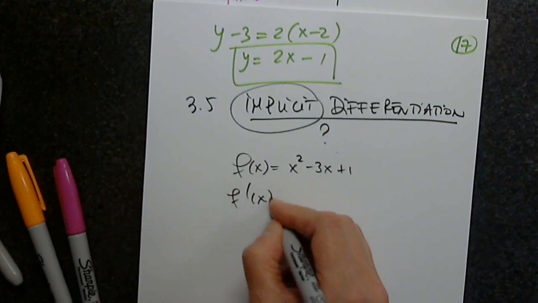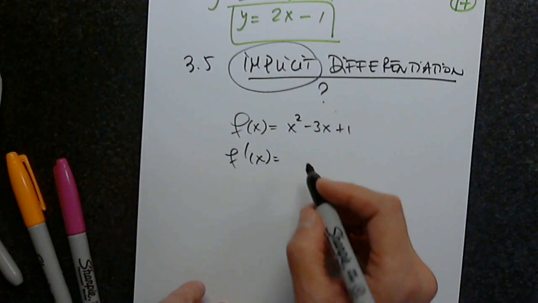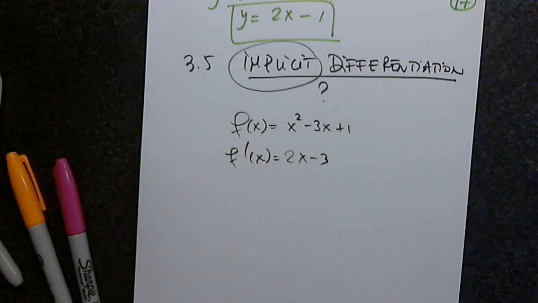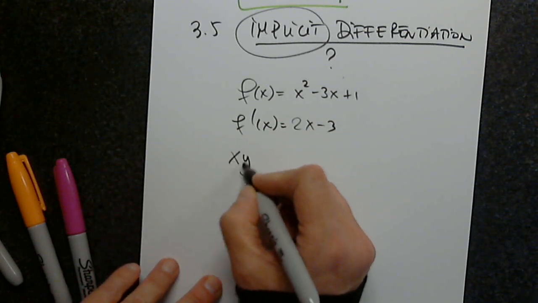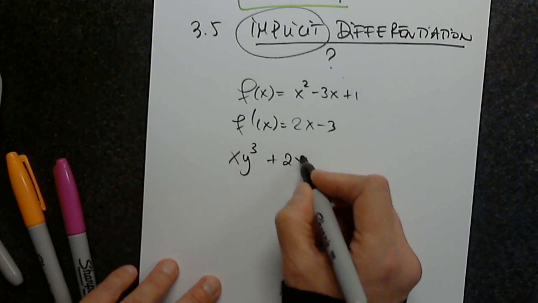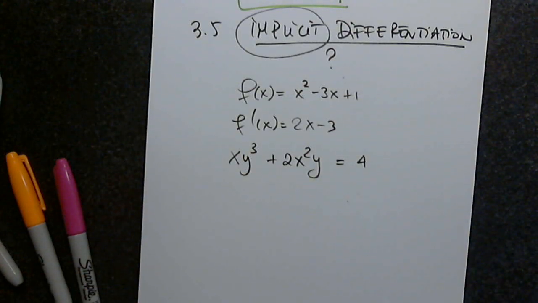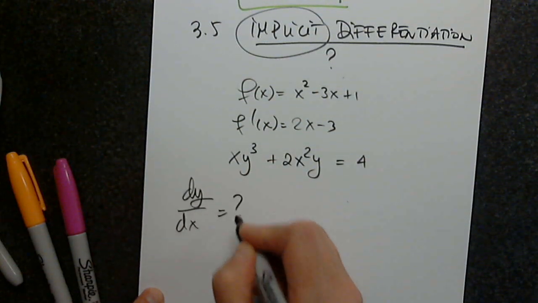And if I ask you to find f prime, you will immediately say 2x minus 3. But what if I give you this? And I'm asking you to find an expression for dy over dx.